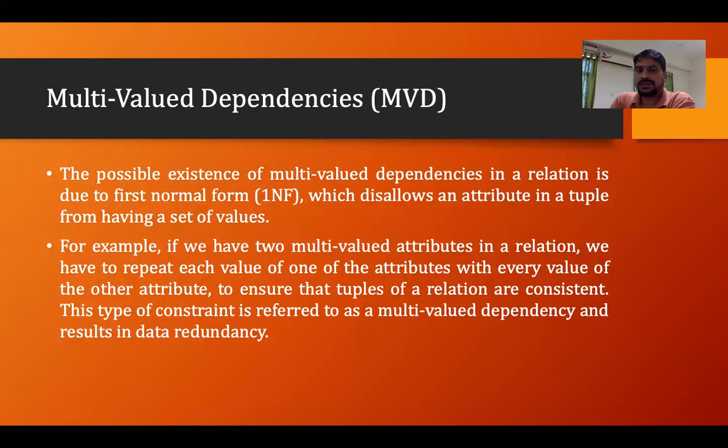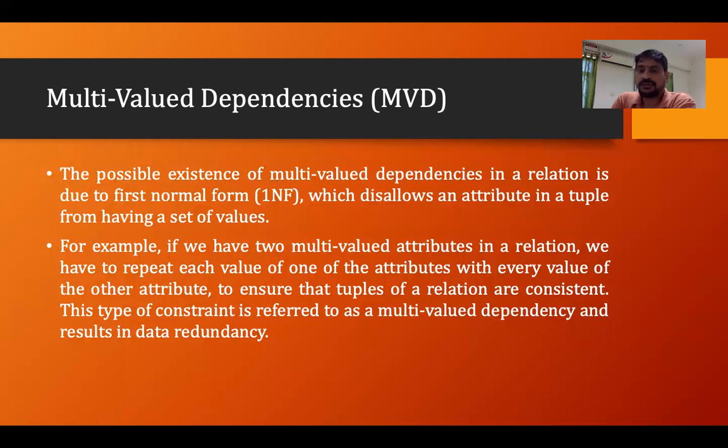What happened? Multi-value dependency means any attribute will have more than one value. Like we have seen in the first normal form, like degree. One person may have more than one degree. This is called a multi-value attribute. Then we have phone number.